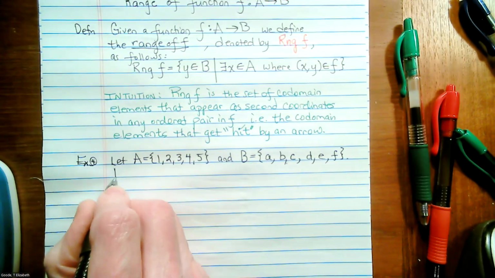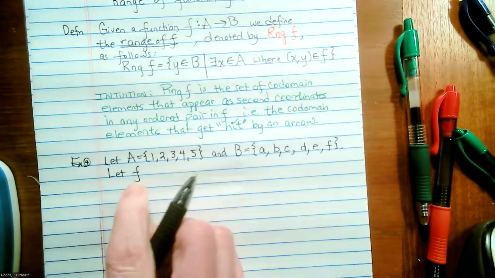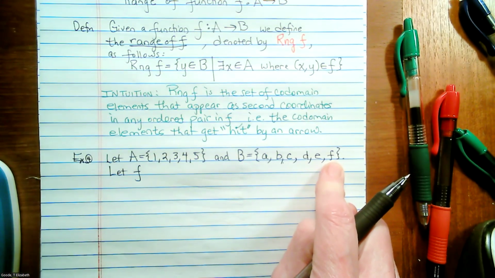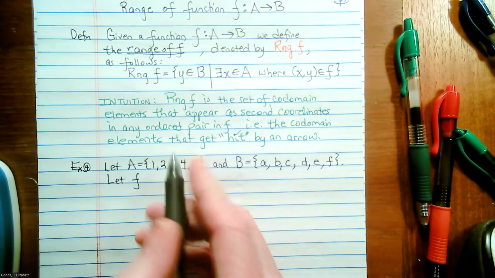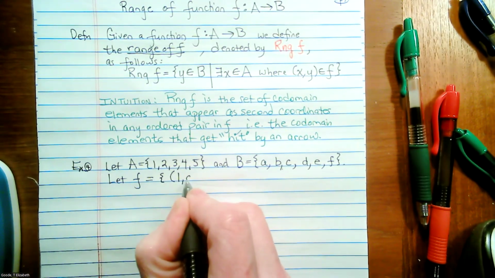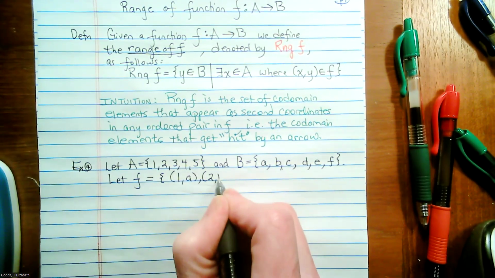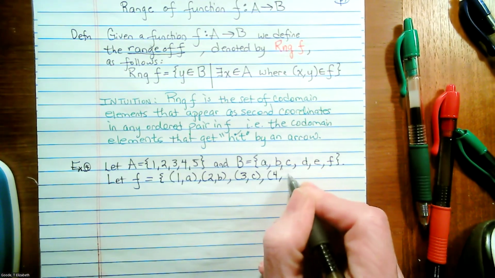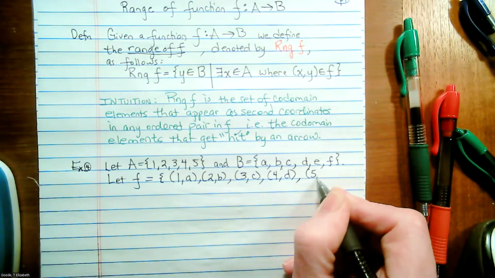And we're going to let the function f, so don't confuse this function f with the little element f in the codomain, be equal to the set of ordered pairs (1, a), (2, b), (3, c), (4, d), (5, d).